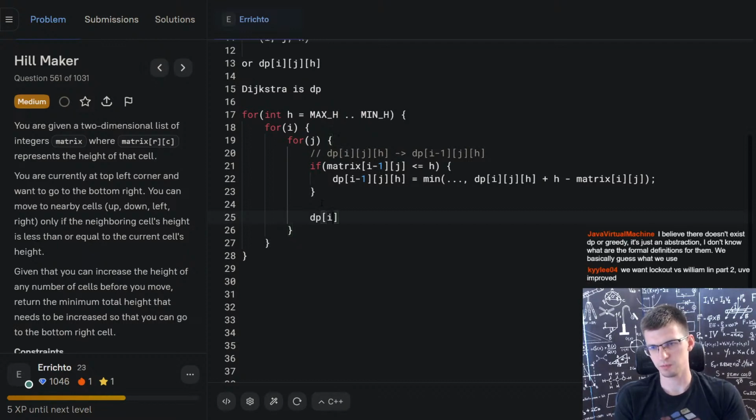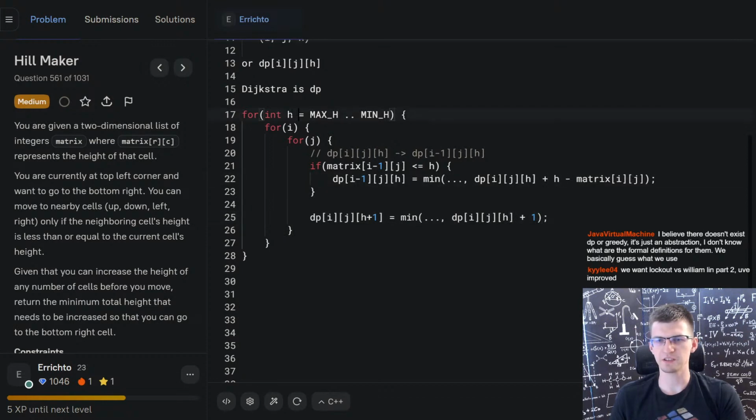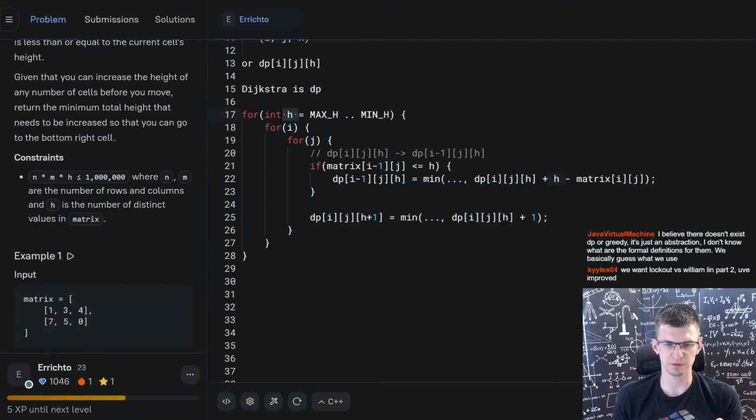So dp of i, j, h plus 1 is minimum of itself, comma dp of i, j, h plus 1. And actually this shouldn't be plus 1, and this also shouldn't be. H shouldn't be the height, but which height it is. They said that the height is not up to this, along with nm, but h is the number of distinct values in matrix.